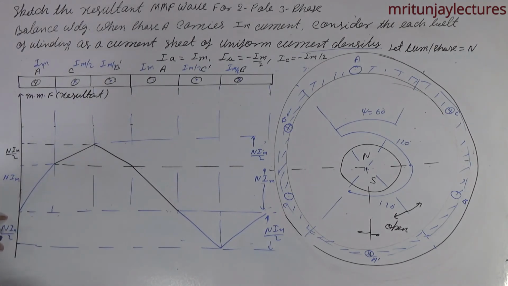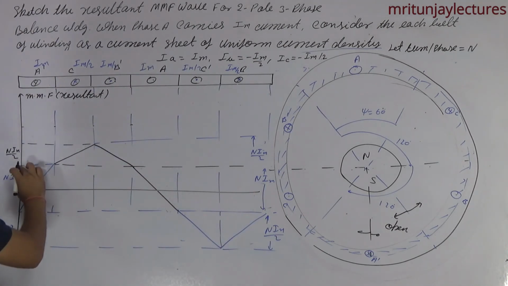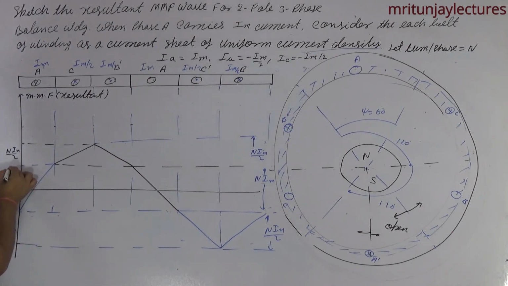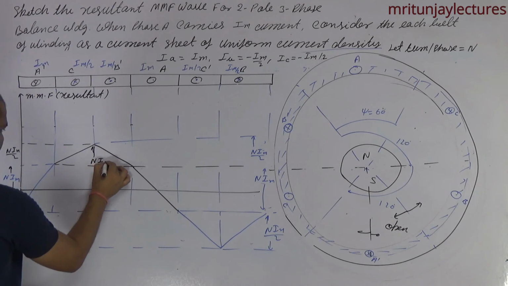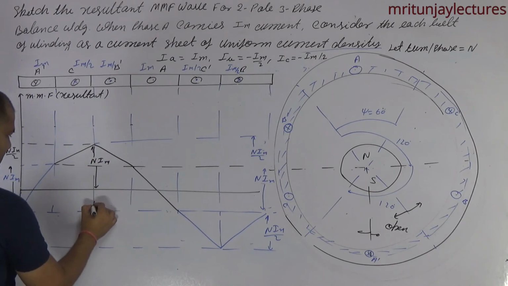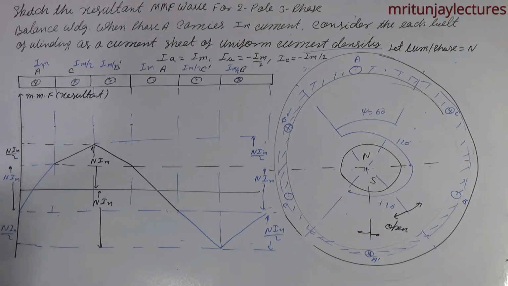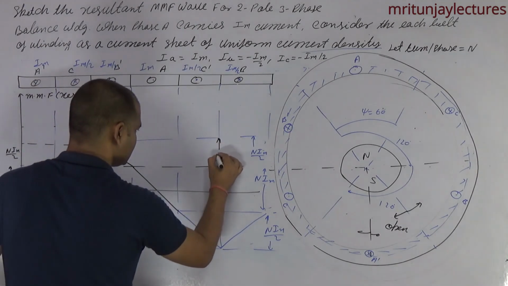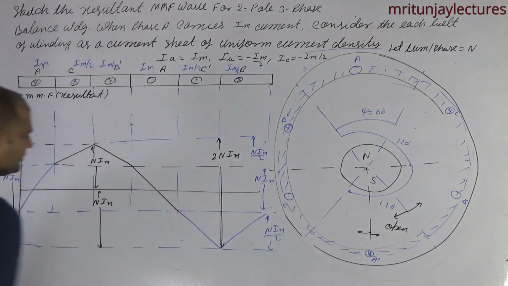N Im by 2, N Im by 2, this is N Im, and that is N Im, and total 2 N Im.